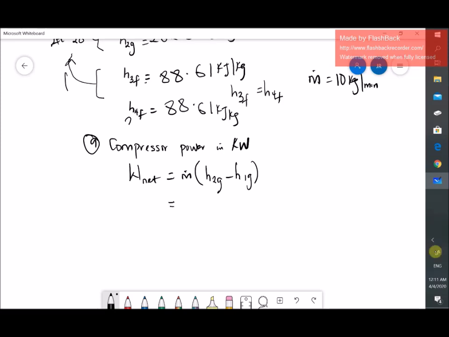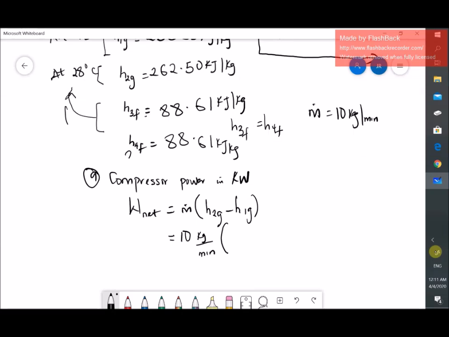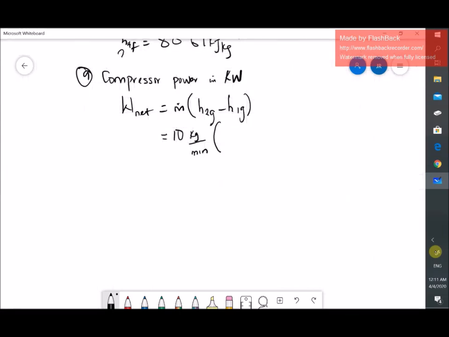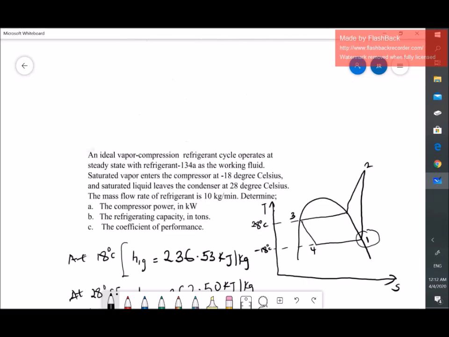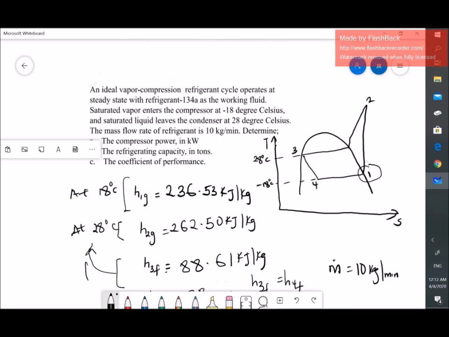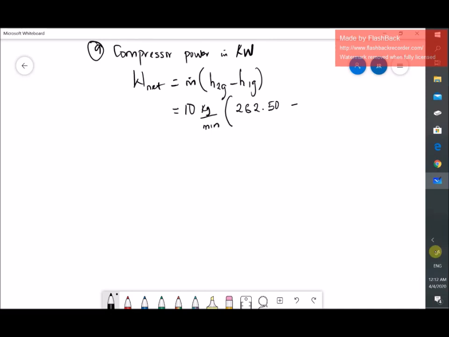Okay, so we now have the mass flow rate is 10 kilogram per minute times our H2 gaseous, which is 262.50, minus our H1, which is 236.53.